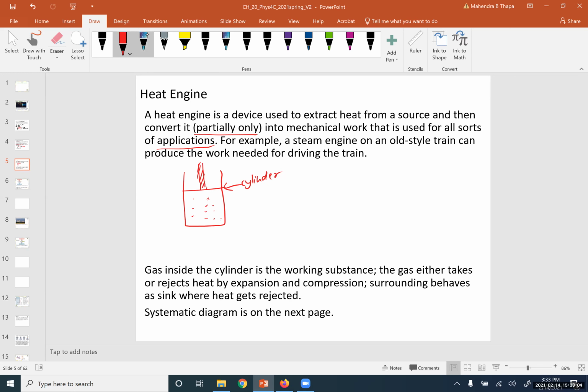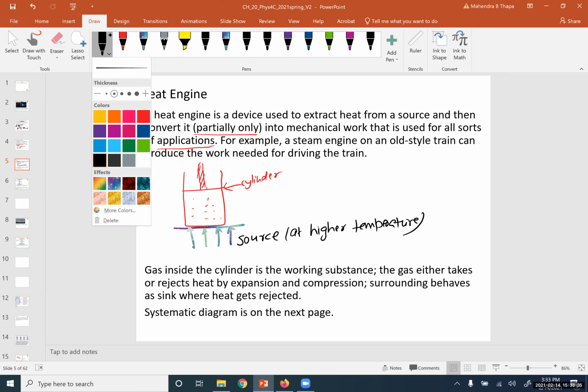We can put this under the source. Source means we can apply heat from here, from the bottom. The source is generally at higher temperature. The gas is actually doing the work. Two things could happen: work done by the gas or work done on the gas.